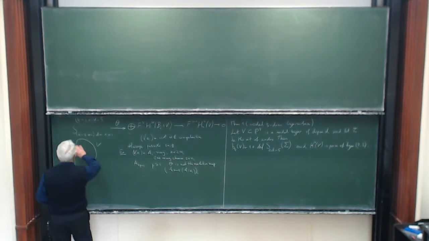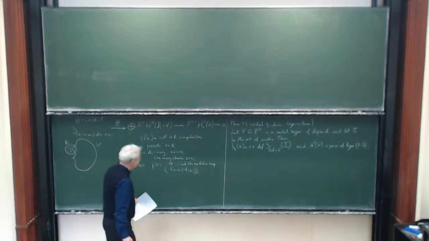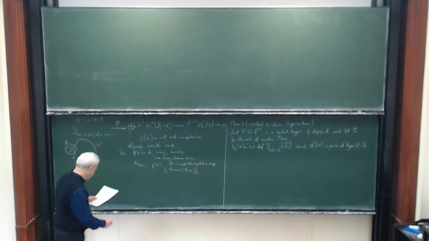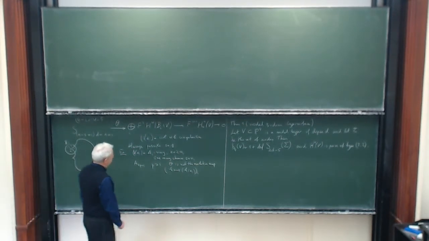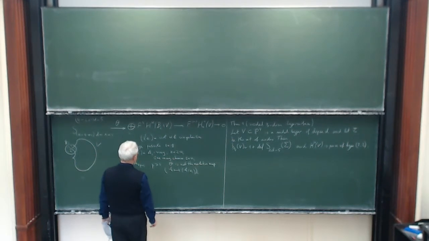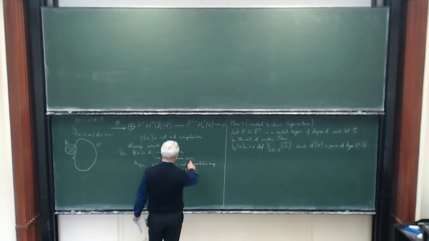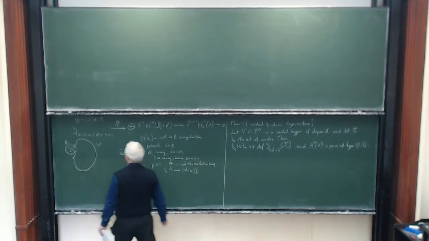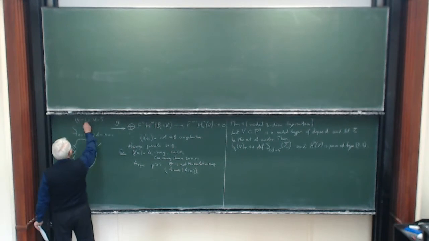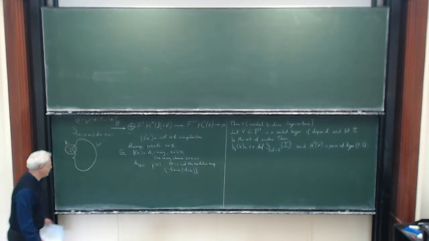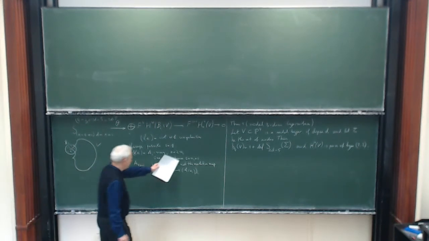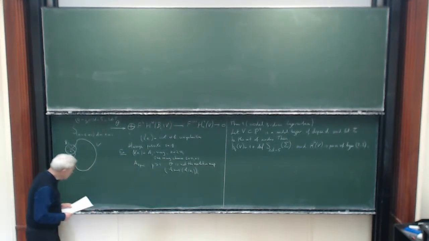Okay, so 2d minus 5 is correct, so here maybe s is n plus 1, and then this will give 2d minus 5.